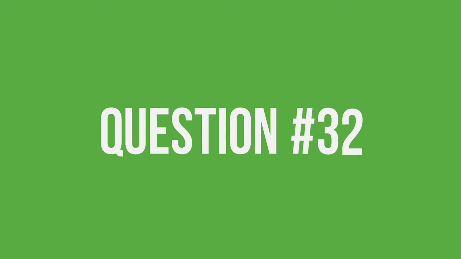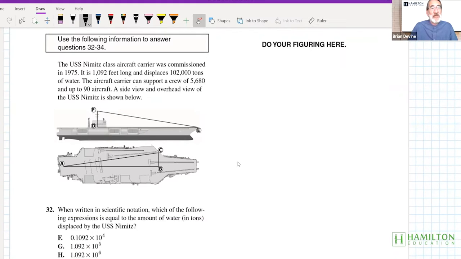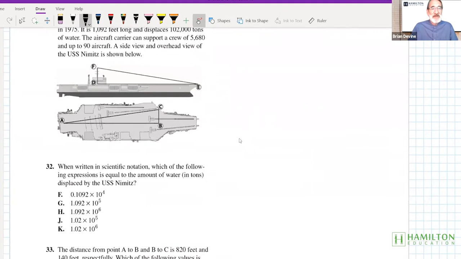In problem 32, we're given a diagram of an aircraft carrier and we're shown two right triangles. And so I know that this aircraft carrier is so big and it weighs so much, and the aircraft carrier can support a crew, and okay, cool. When written in scientific notation, which of the following expressions is equal to the water displaced?